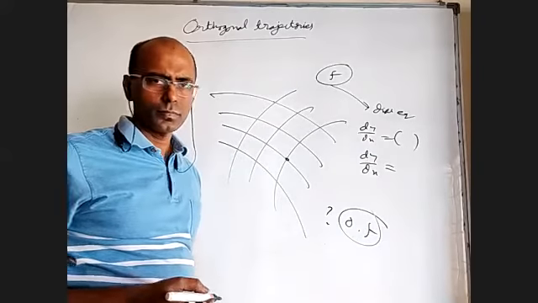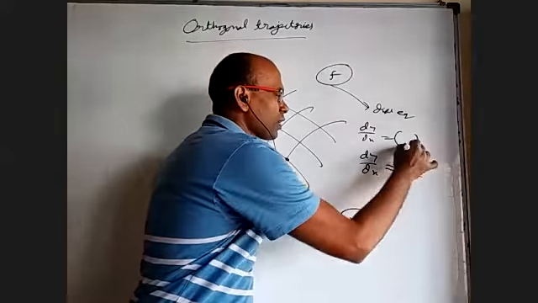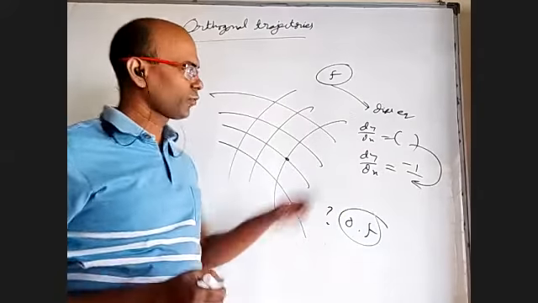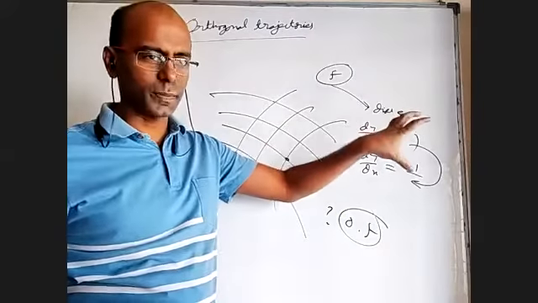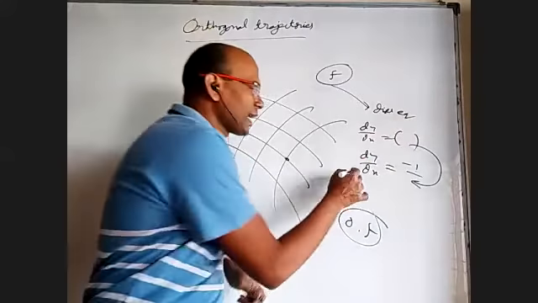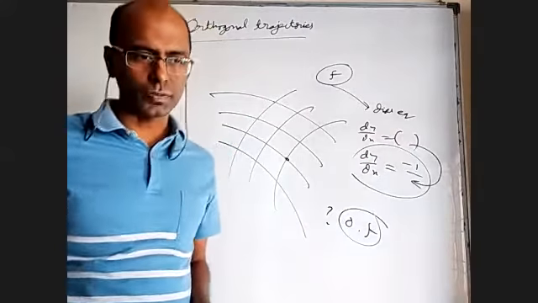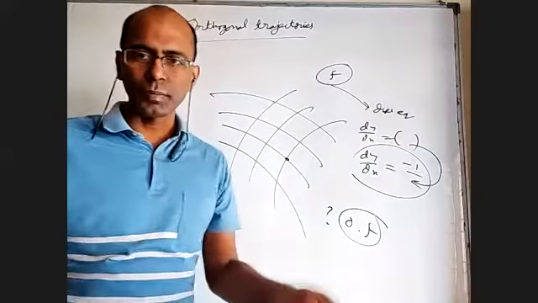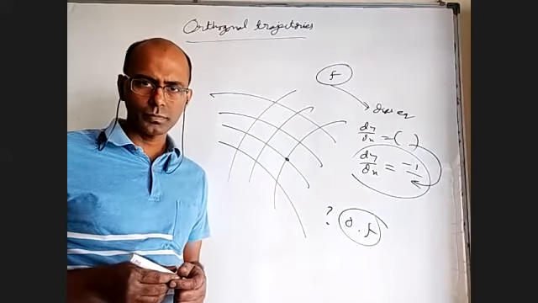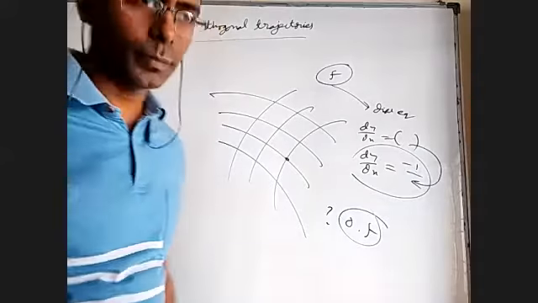Minus dx by dy. Yeah, it is -1 by this part, whatever it is. In the original family, whatever expression you got for dy by dx, dy by dx for the orthogonal family is -1 by that. That itself is a fresh differential equation. Solve that, and you will get the orthogonal family's equation. Am I right? Okay. Let us take up an example and see.